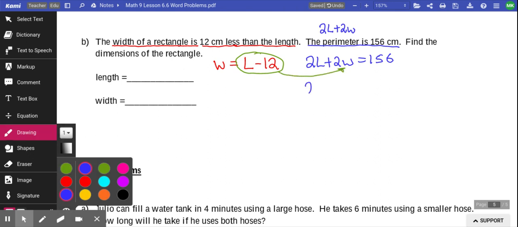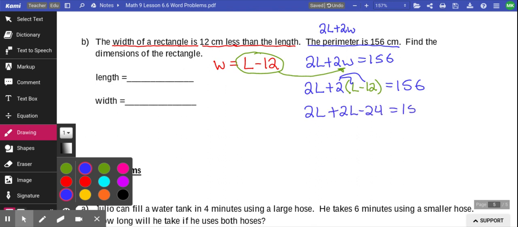That means I now have 2 length plus 2, and then in brackets, L minus 12, equals 156. If I multiply that 2 in, that gives me 2L plus 2L minus 24 equals 156. Collect my like terms. That means I have 4L minus 24 equals 156.